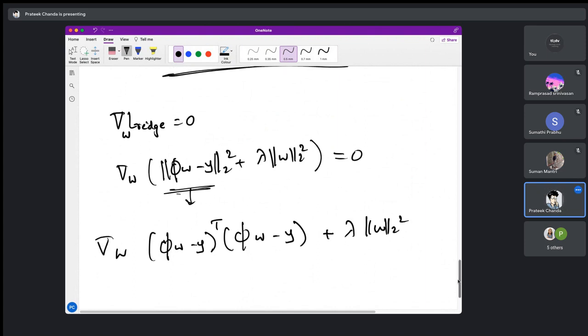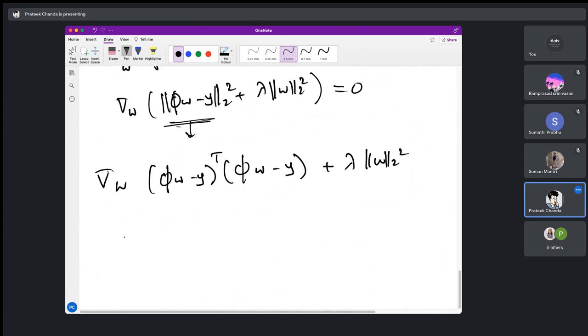If I simplify it further with respect to W, it would be 2 phi transpose (phi W minus y), I'm skipping some steps here but it's easy to see, plus 2 lambda W is equal to 0.